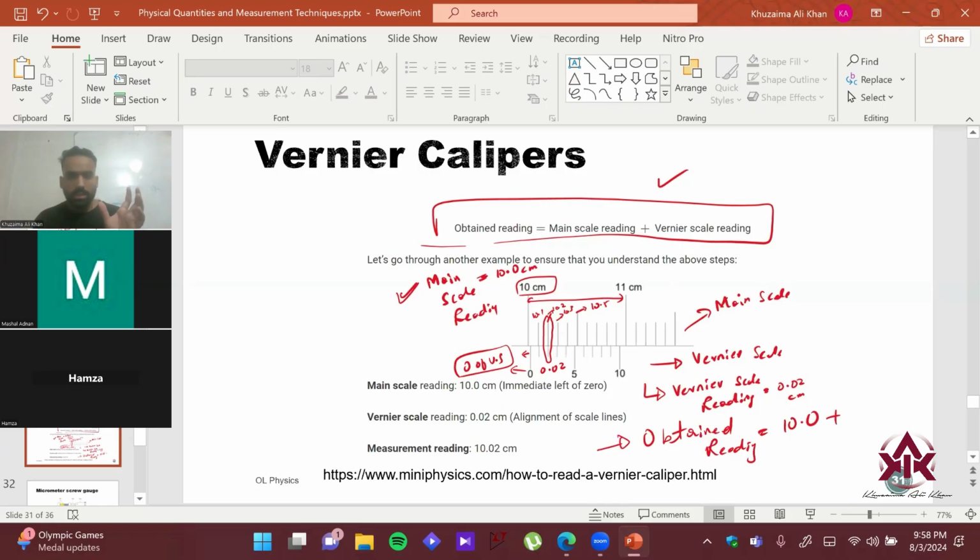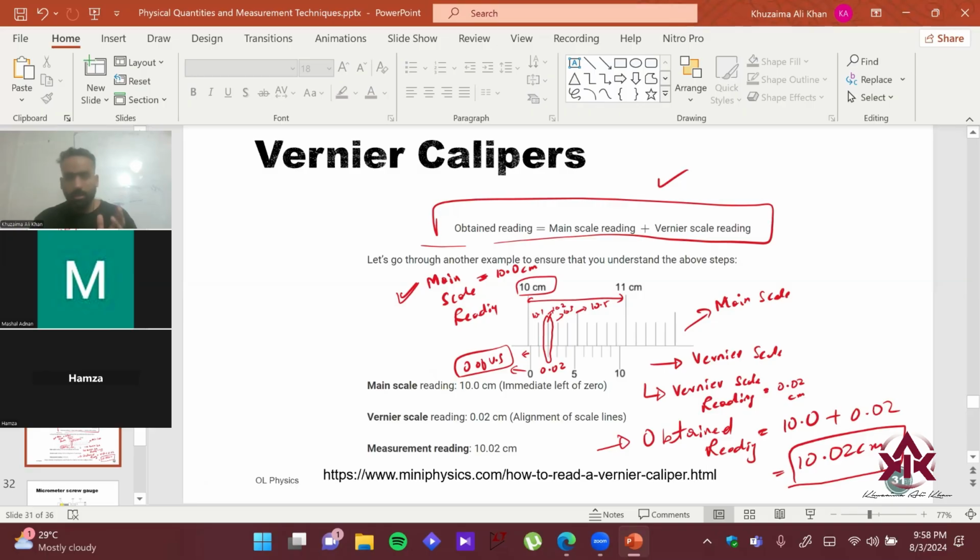Plus what is the vernier scale reading? जो भी reading आएगी आपकी 0 से 10 तक, you divide it by 100 because it's basically 1/100th of a scale. Just imagine it's just the second decimal place. तो जो भी आपका आंसर आएगा going to be 0.0 something, right? So it's going to be 0.02 over here. So your answer is over here क्या है? 10.02 centimeter. This is your actual answer.